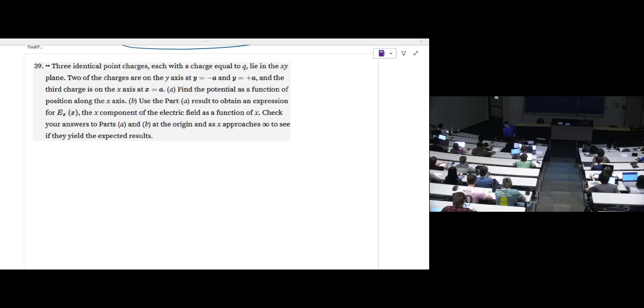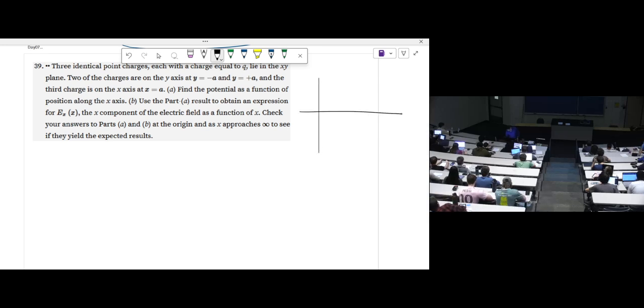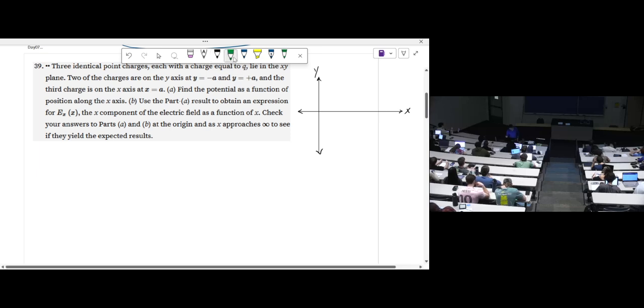And a 7. Okay, so what we have here in terms of setup, I've got my coordinate grid looking something like this, where on the y-axis at plus or minus a, I'm going to have two charges.